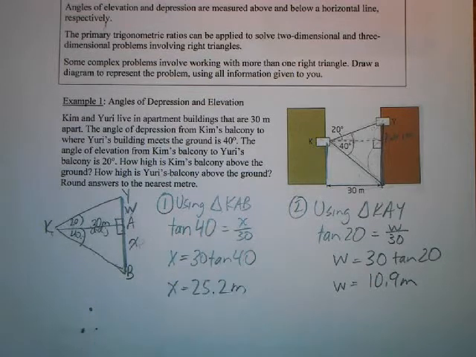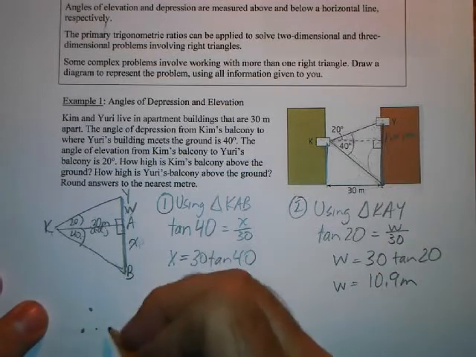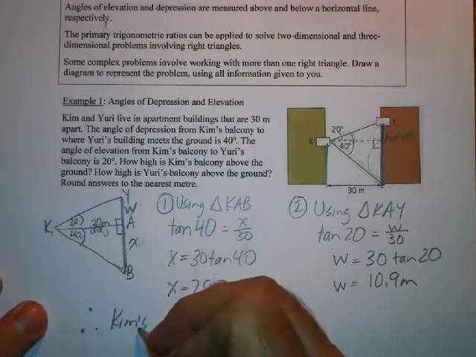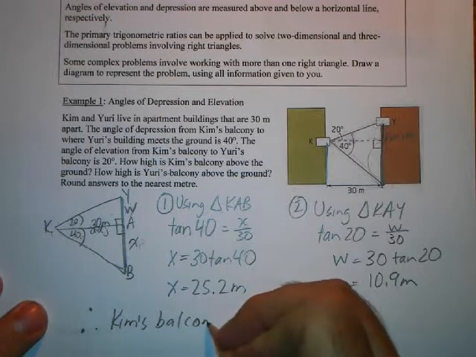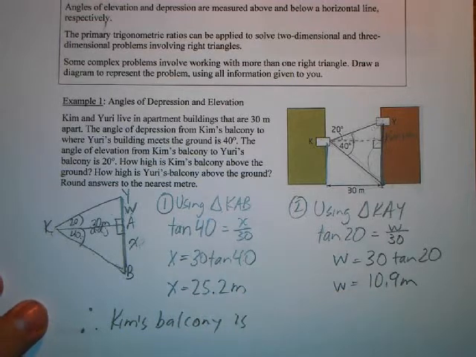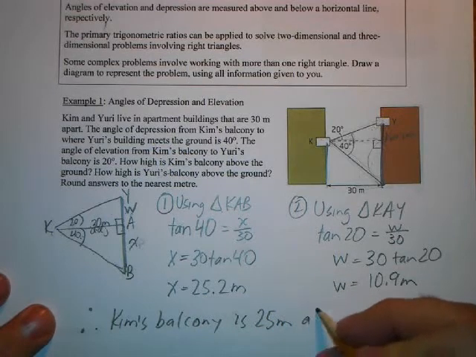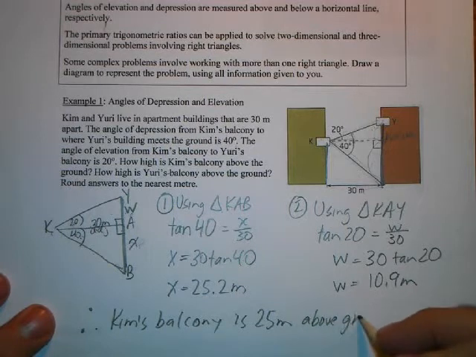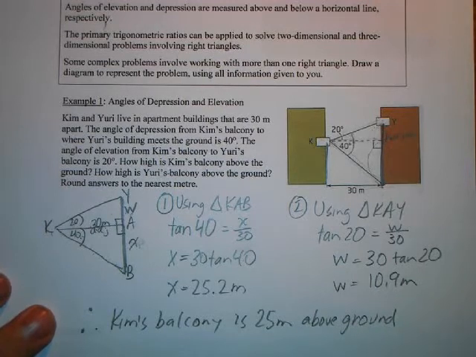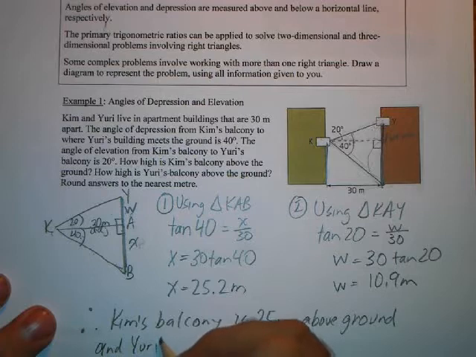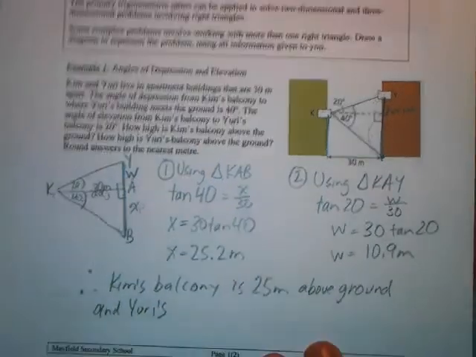Now, I can just use this result. So therefore, Kim's balcony is, now this time I'm going to round it, 25 meters above ground. And Yuri's balcony, move this up a little bit.